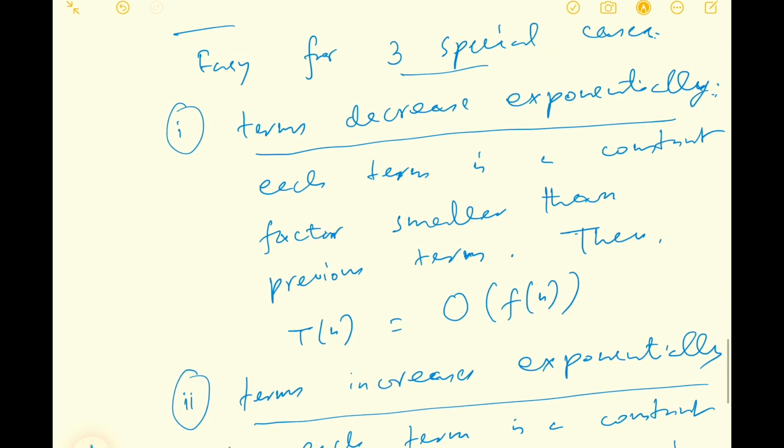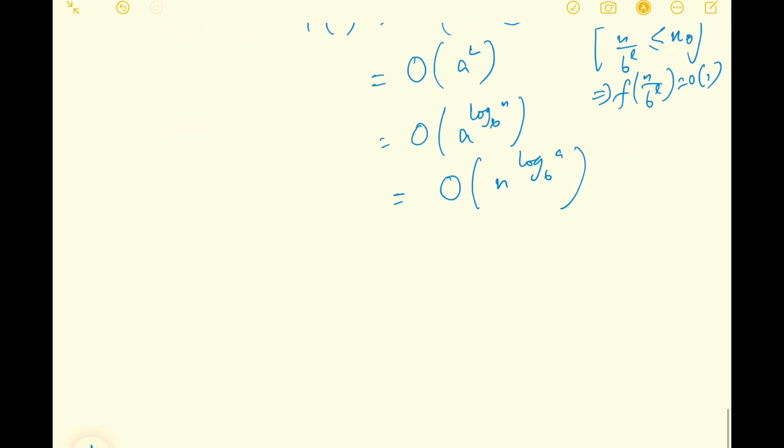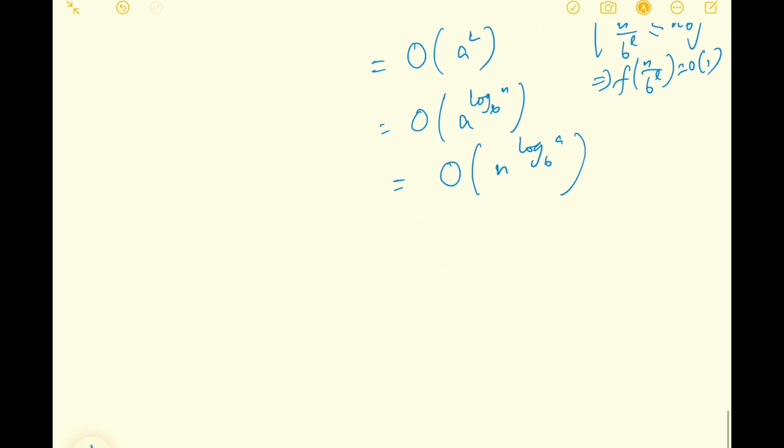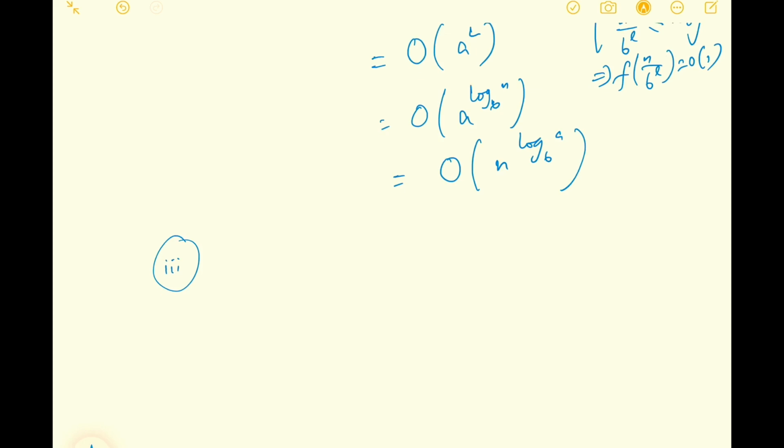Okay, so these are the two special cases which are very easy. Another very easy special case is if each term is equal. We said that we have three special cases for which finding an upper bound on Tn is very easy. This is the case where all terms are equal.